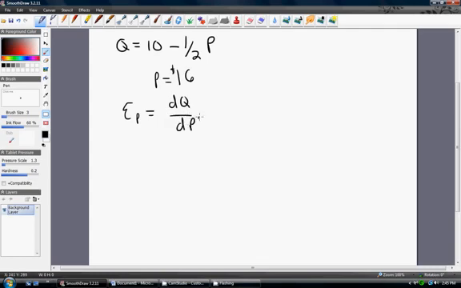So we set up our equation that we proved and solved for. The derivative of this equation with respect to price is just going to be minus 1/2 multiplied by P. In this case, we're letting P equal 16. We don't know what Q is, so let's go ahead and solve for Q when P equals 16.